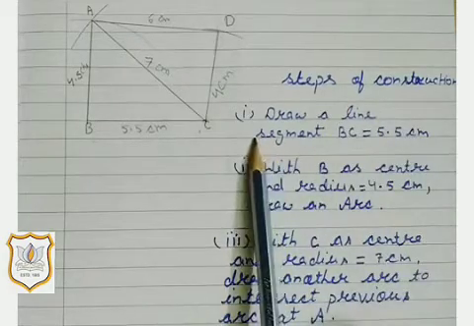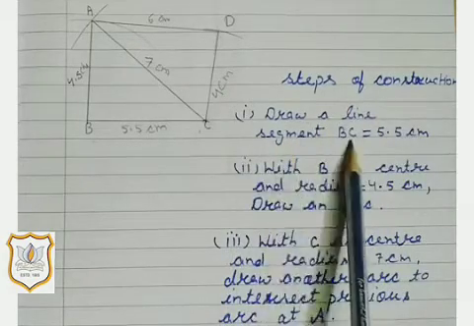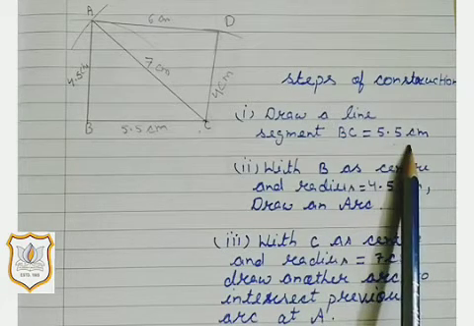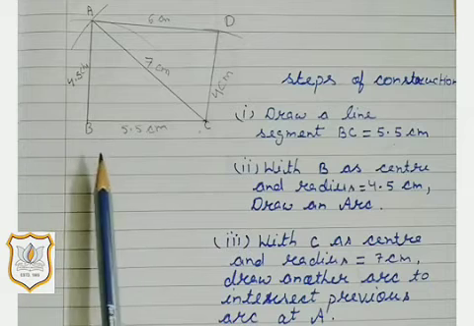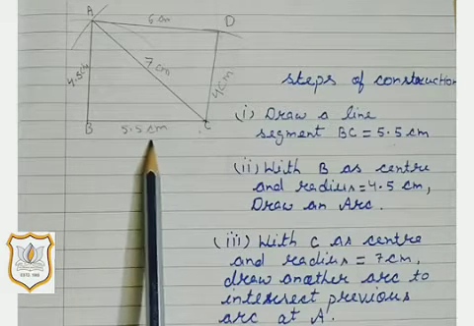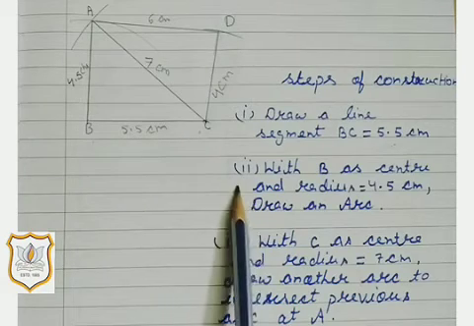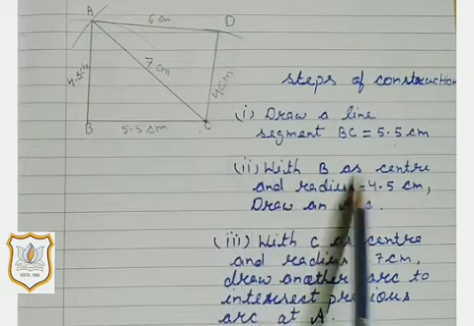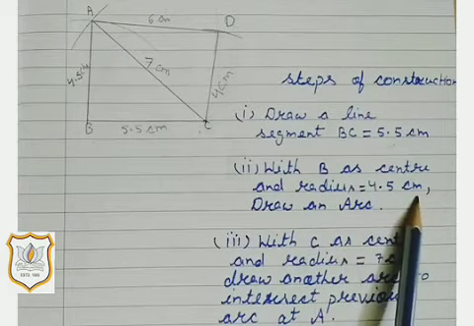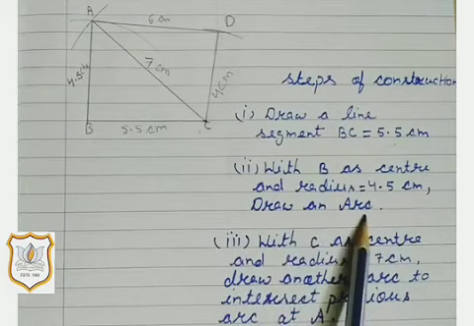So the first step is draw a line segment BC equal to 5.5 centimeter. Clear, students? We have drawn line segment BC 5.5 centimeter. So this is the first step. Second step is with B as a center and radius equal to 4.5 centimeter, draw an arc.